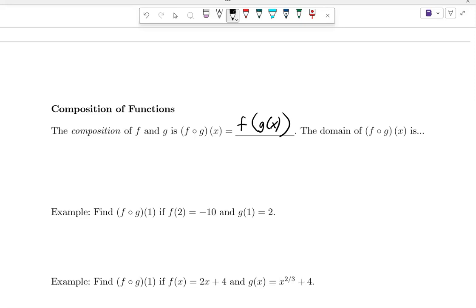Okay? So it's f of g of x is exactly how we say it. f of g of x. So input goes into the g first. You take that output, and then you put it into f. Okay? So when we do the composition, if we're worried about the domain, this is the set of x's.